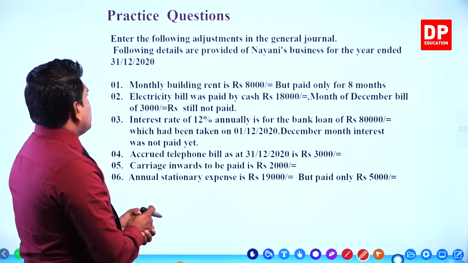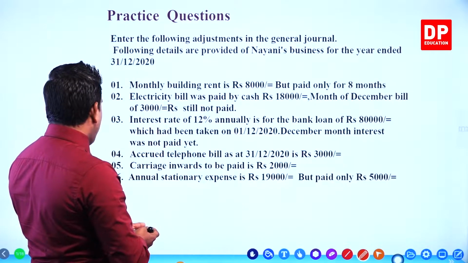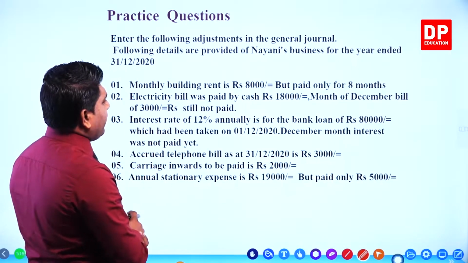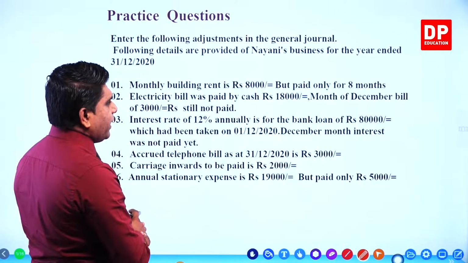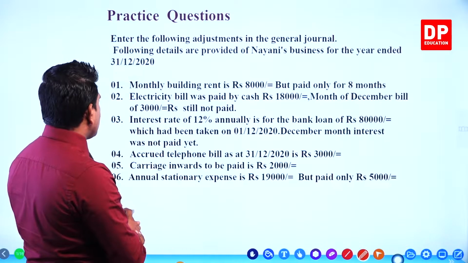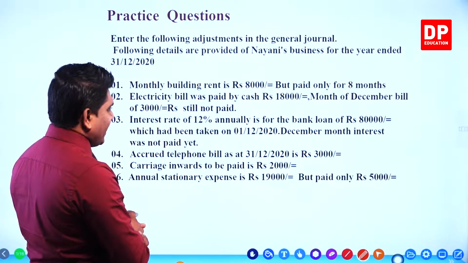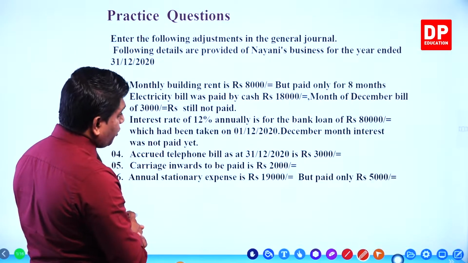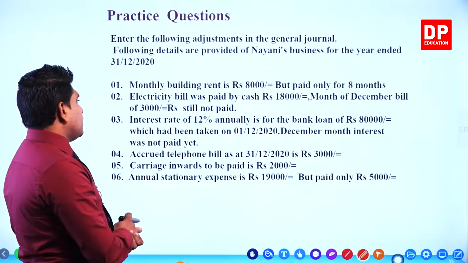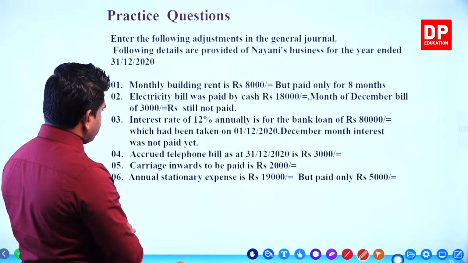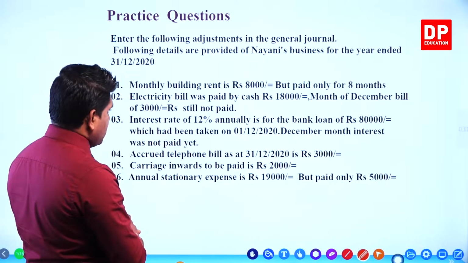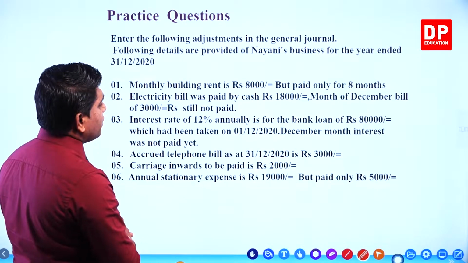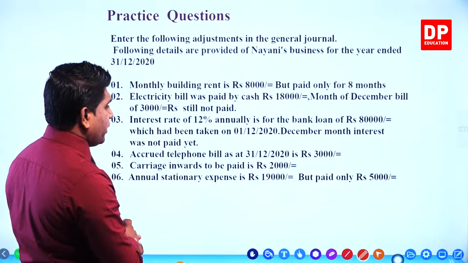There are 6 transactions, not 5, 6 transactions. First, the monthly rent is 8,000 but paid only 8 months. Second, the electricity bill was paid by cash, 18,000. The month of December bill of 3,000 is still not paid. Third, an interest rate of 12% annually is for the bank loan of 80,000 which had been taken on 1st December 2020.